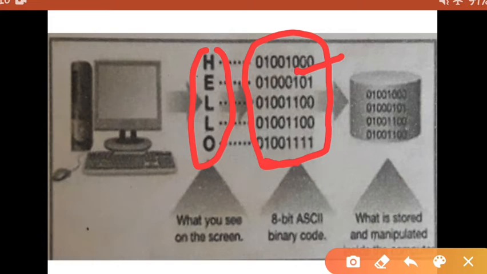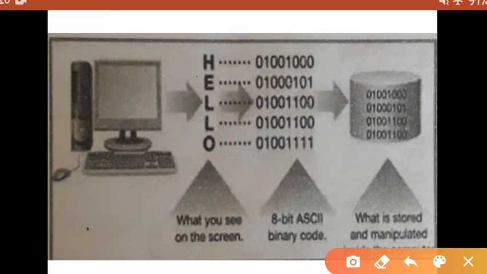After converting these digits, the computer sends them to the CPU. You all know the brain of the computer is called the CPU. After converting your input into its own language, the computer sends it to the CPU.